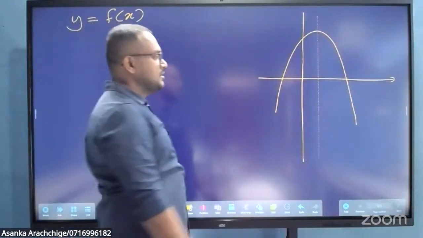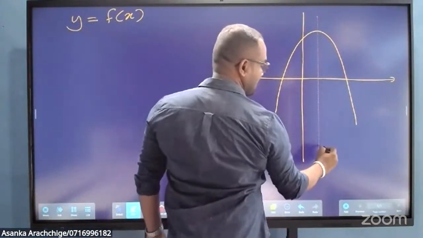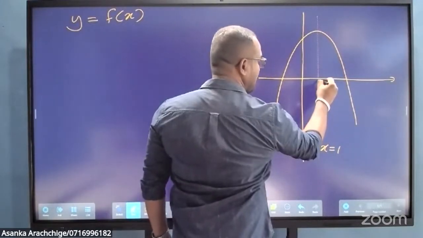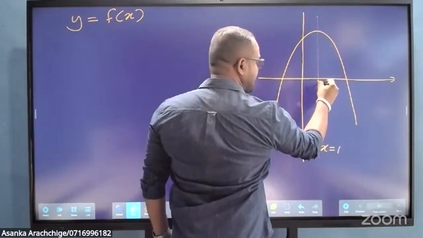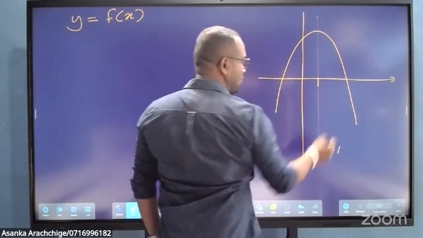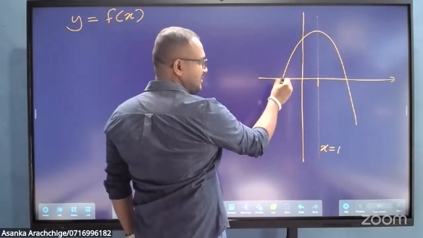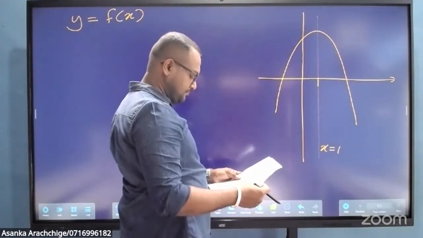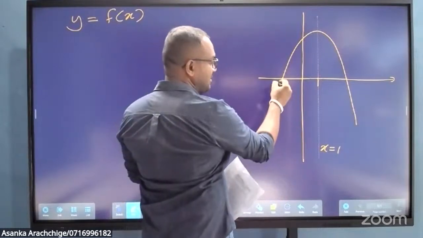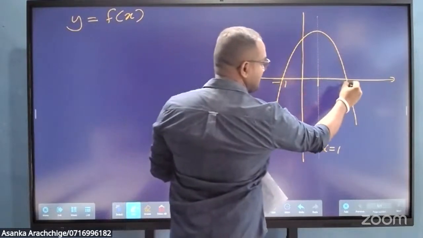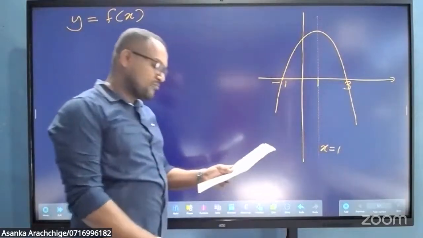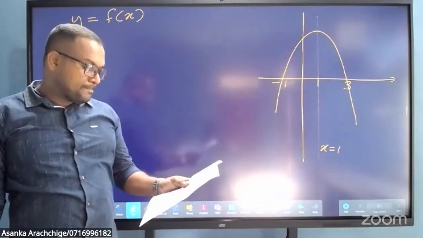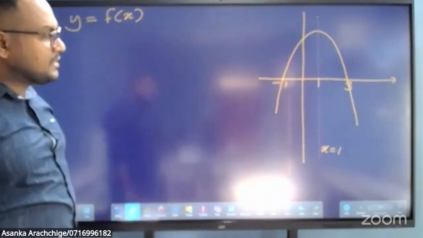Yes. This is 1. The equation of axis of symmetry is x equals 1 because the x coordinate at this point is 1. And I think this x coordinate must be -1. This is -1. This is +3, no? Am I correct? Yes. Then this is the graph roughly.